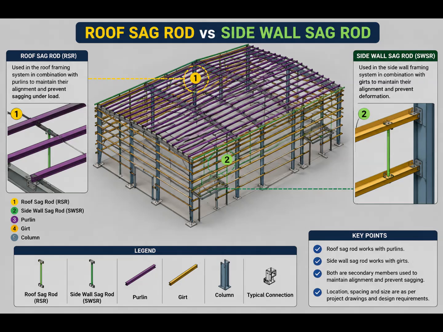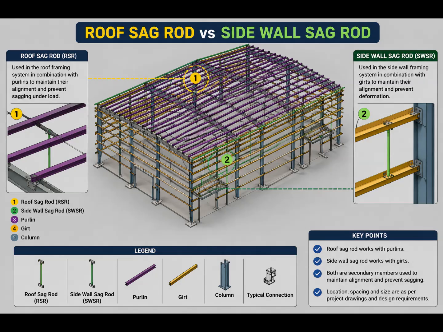If the member is associated with the roof purlin system, we identify it as a roof sag rod arrangement. If the member is associated with the side wall girt system, we identify it as a side wall sag rod arrangement. Now let's look at the 3D model more carefully.